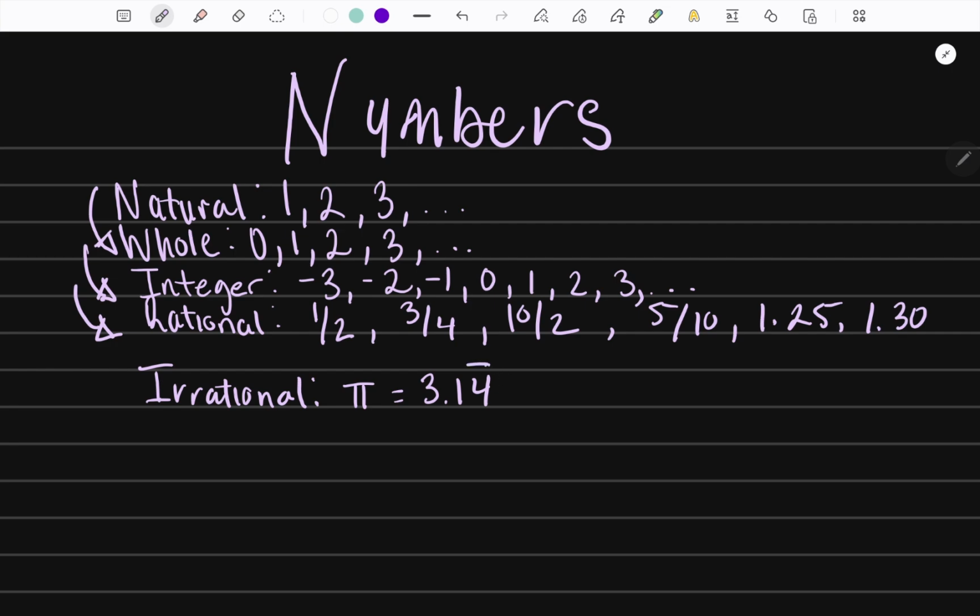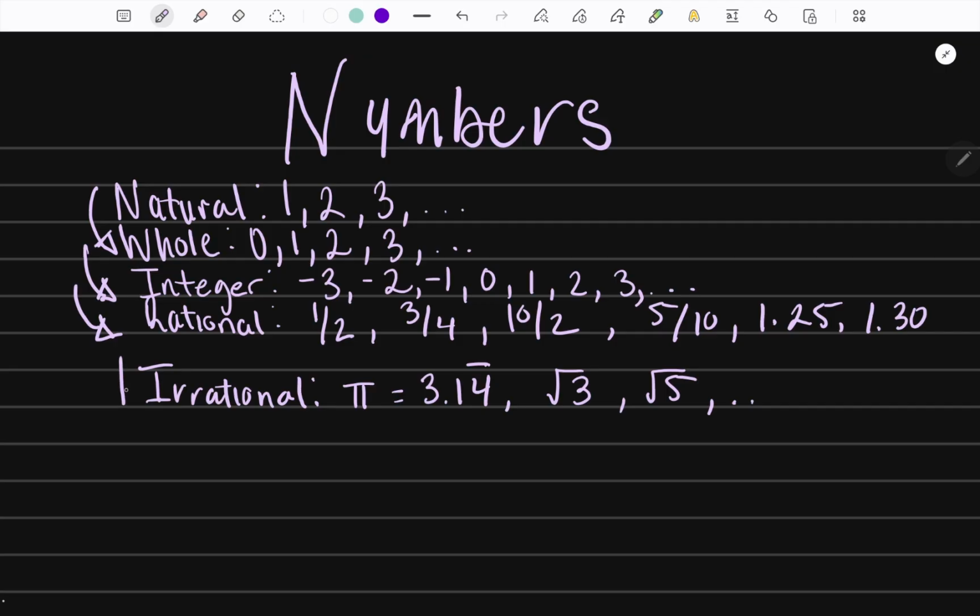That's what the symbol over the 4 means, that it's repeating. And other irrational numbers could be, let's say, square root of 3, or square root of 5. So just any decimal number that ends up repeating would go in the category of irrational numbers.